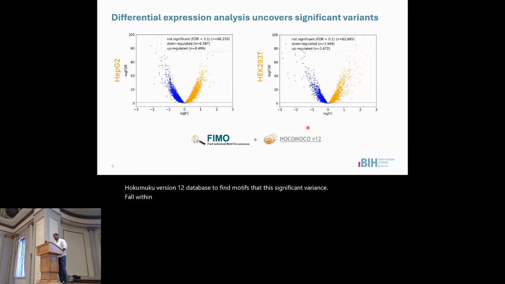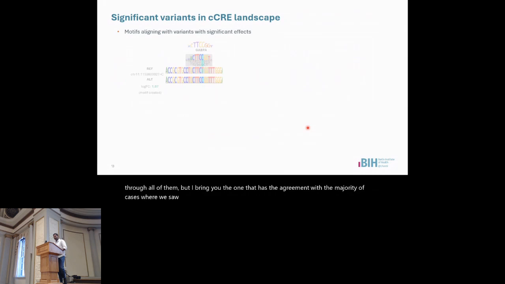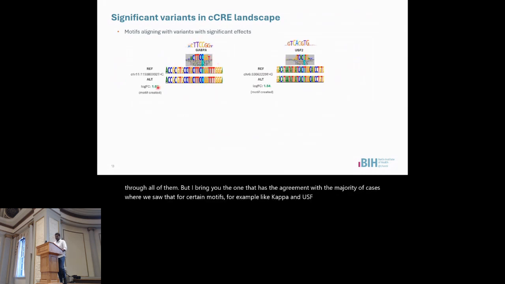And this honestly opened a floodgate of many kinds of scenarios, which we don't have time to go through all of them, but I bring you the one that has agreement with the majority of cases, where we saw that for certain motifs, for example, like USF2, the presence of the variant ends up creating this motif, and we can clearly see that it has a significantly higher effect.